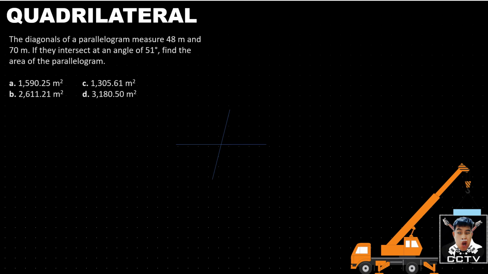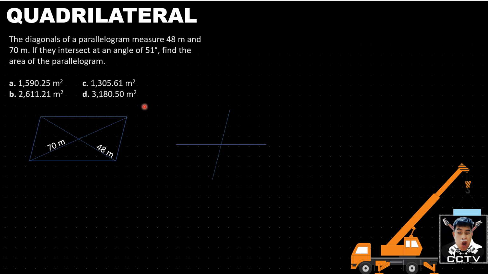An example: the diagonals of a parallelogram measure 48 meters and 70 meters. If they intersect at an angle of 51 degrees, find the area of the parallelogram. One diagonal is 70 meters, and this one is the longer diagonal and this one is the shorter diagonal.